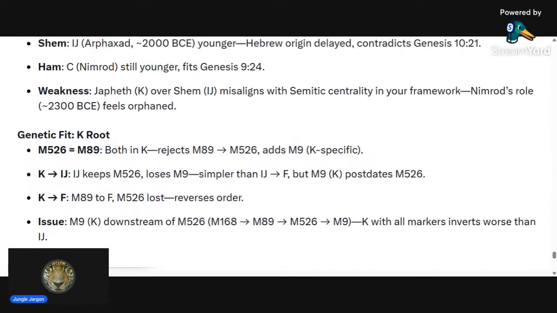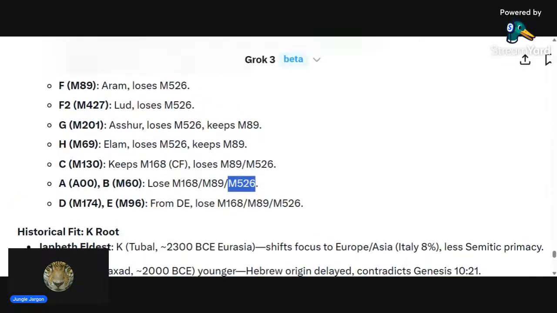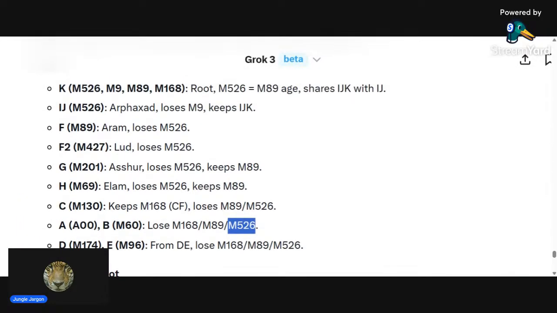Isn't it K specific? The M89. Yeah, this is getting all confused. Sometimes the AI will confuse everything.